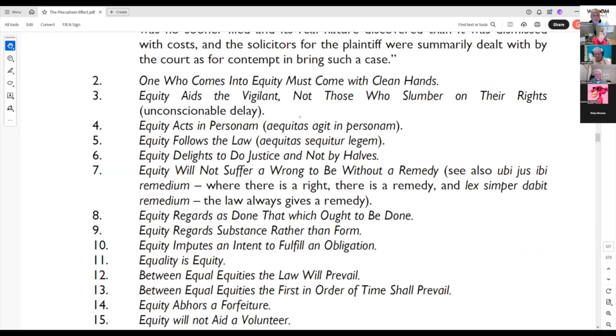Equity will not suffer a wrong to be without a remedy. See also ubi jus ibi remedium. Where there is a right, there is a remedy, and lex semper dabit remedium. The law always gives a remedy. Equity regards as done that which ought to be done. Equity regards substance rather than form.